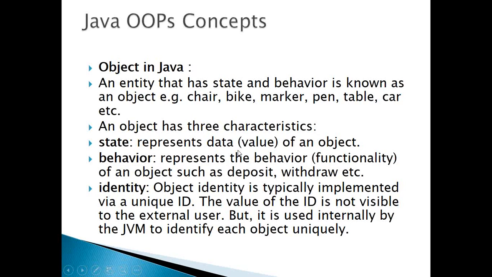State represents the data value. When you create an object, you can store the values in the heap memory. Behavior represents the functionality of an object. If you have a class and you create an object, then with the reference variable and a dot, you can call the methods as well.